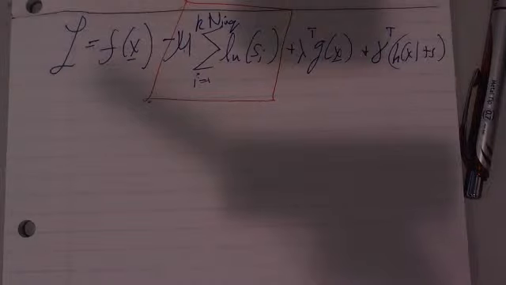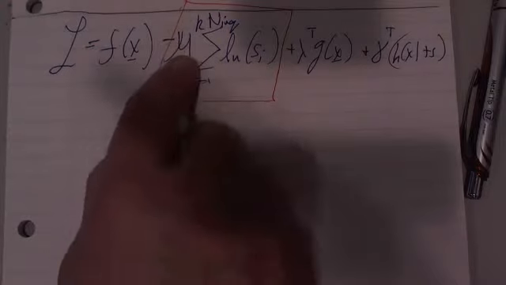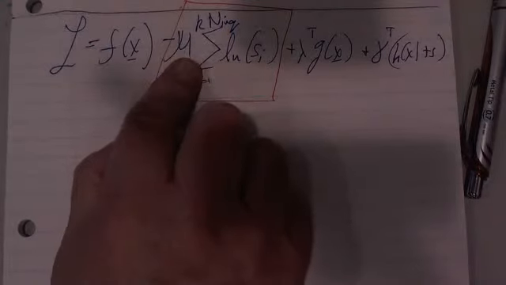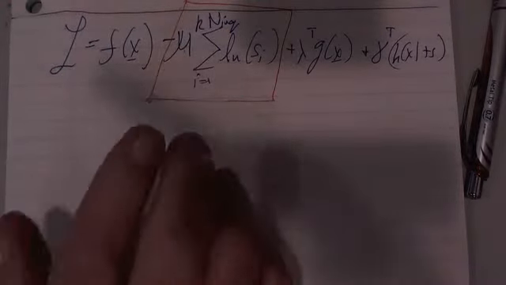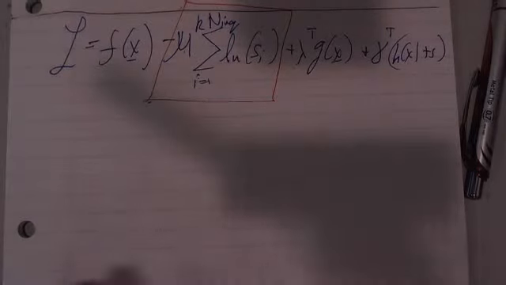Well, then the s is 0. So we want to drive the s to 0. And what we do is we're going to play with the magnitude of this mu.